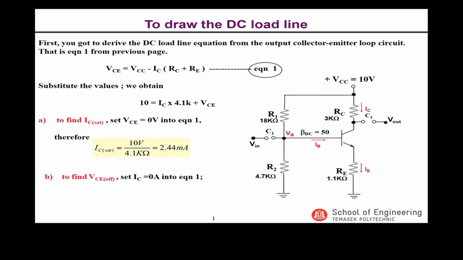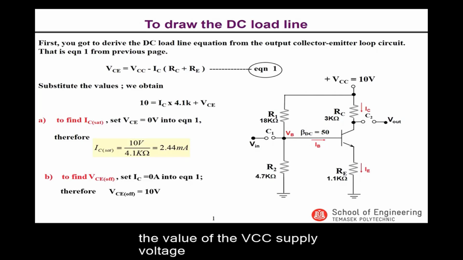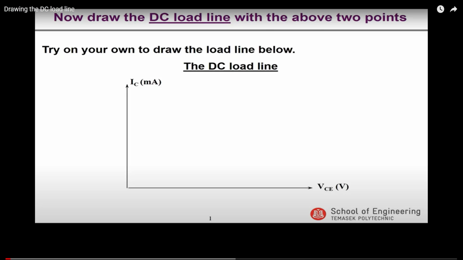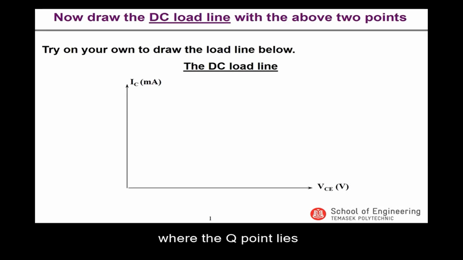To find VCE off, which lies on the x-axis, we set IC equal to 0 into equation 1, since there is no IC value on the x-axis. Therefore, VCE off will be equal to 10 volts, the value of the VCC supply voltage. Now let's try to draw the DC load line and locate where the Q point lies along the DC load line.